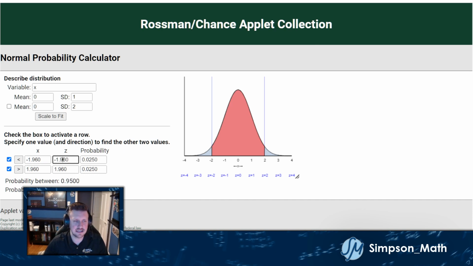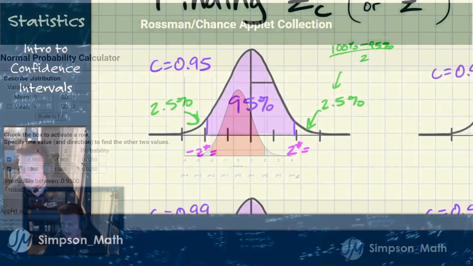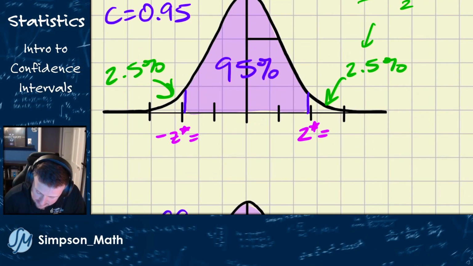And again, x and z are the same because we have our mean and standard deviation set to the standard normal distribution, mean of 0, standard deviation of 1. So the z's that separate the middle 95% are negative 1.96 to positive 1.96. But z star is really just this positive 1.96.